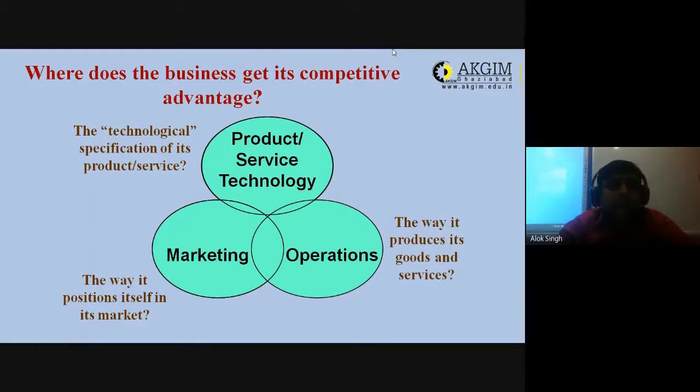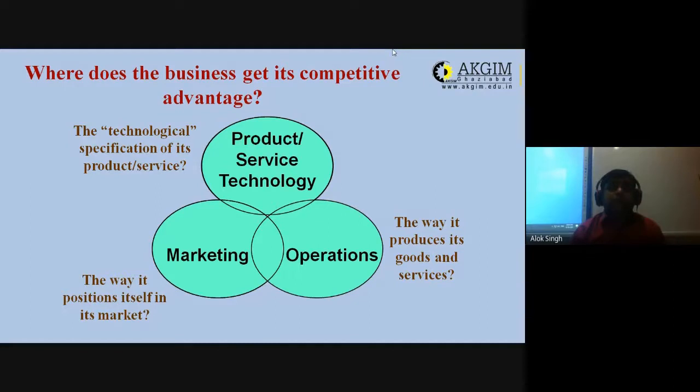Next is the marketing function. What is the marketing function? It is also an important domain that a product or service should have: the way it positions itself in its market. Marketing, operations and product or service technology work simultaneously to ensure the success of a product. You can't separate them; you need to market the product while it is being manufactured.